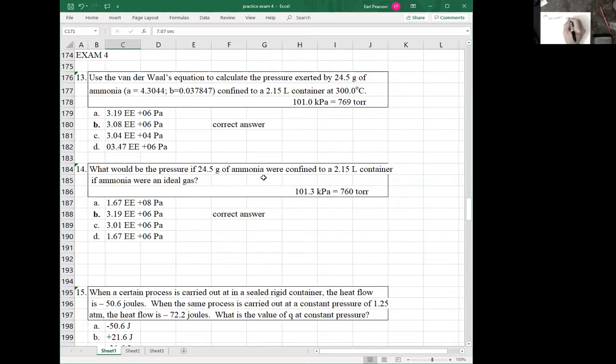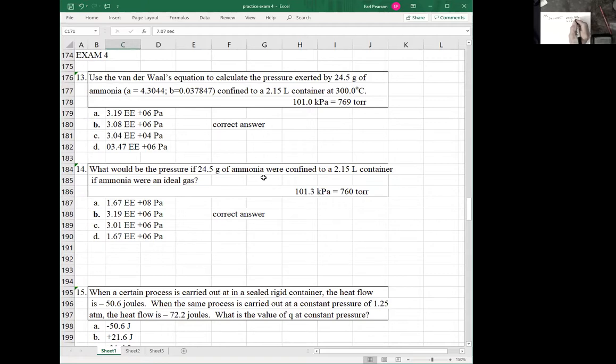We've got 24.5 grams of ammonia. The volume of the container is 2.15 liters. And, you know, I need a little more data there.